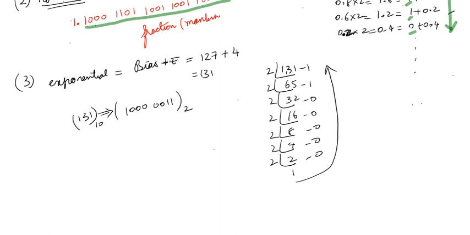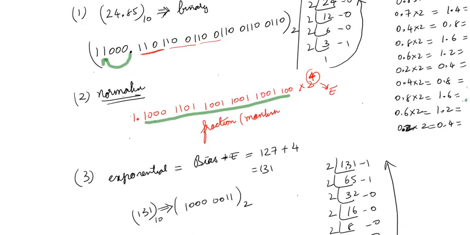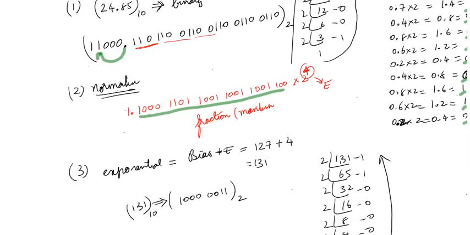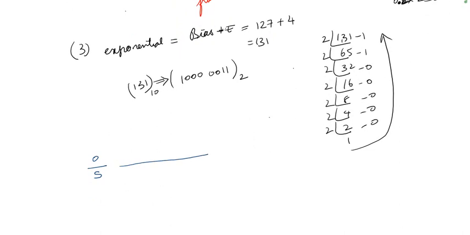Now we are going to write the answer in single precision. What is the answer? The sign bit. If you look at the question, it is a positive number, 24.85. So the sign bit is 0, followed by the exponent. What is the exponent? 10000011, followed by the fraction. What is the fraction I have here?